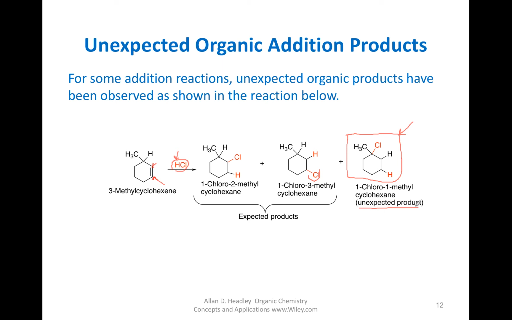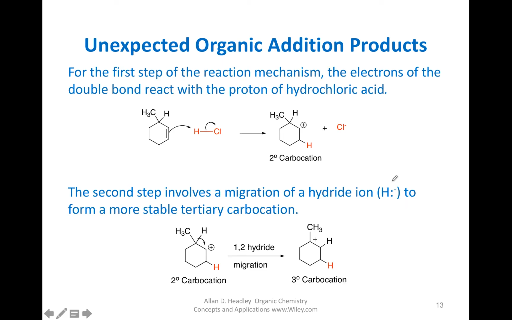To determine that, we'll have to look at the mechanism. So let's look at the mechanism for the reaction to form this product here. The first step, as you can imagine, is the addition of these electrons to the electrophile.